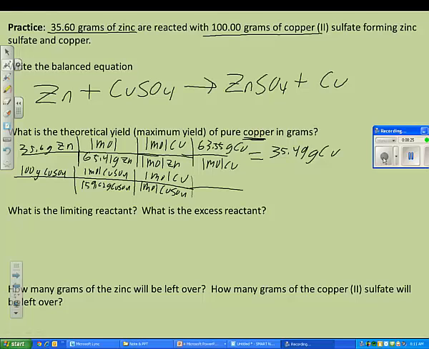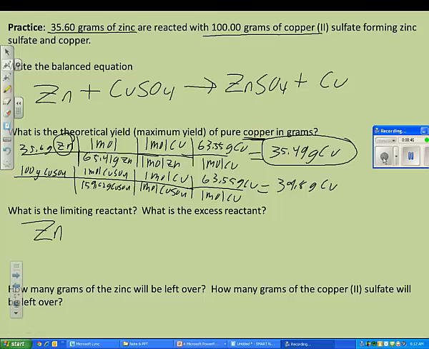Then convert to mass. And that gives us 39.8 grams of copper. So what is limiting reactant? Well, our lowest answer is 35.49, and that was made by the reactant zinc. So zinc is limiting, which means the other one is the excess. The other one is copper 2 sulfate.